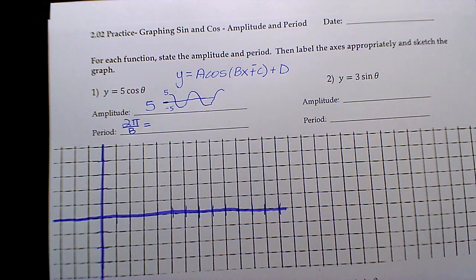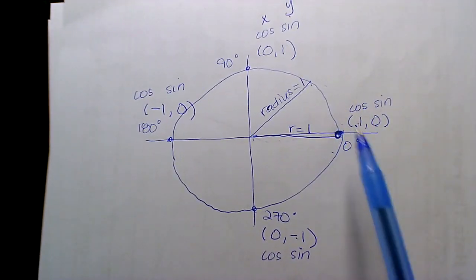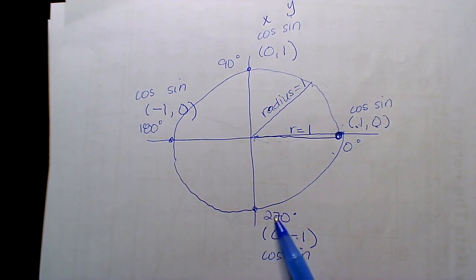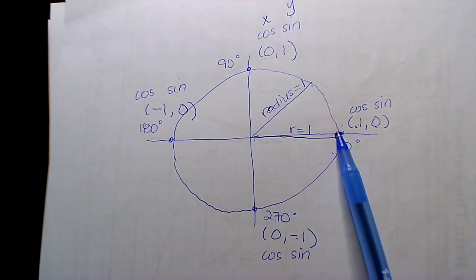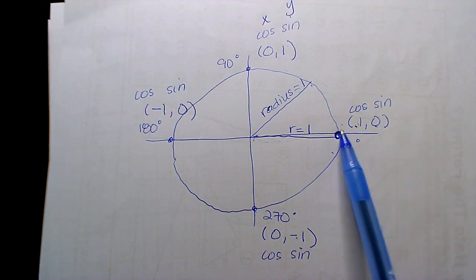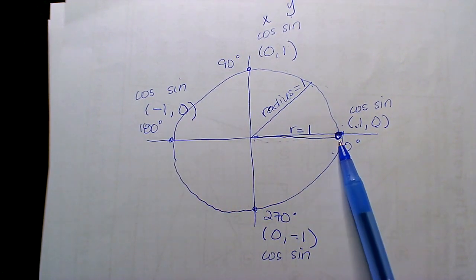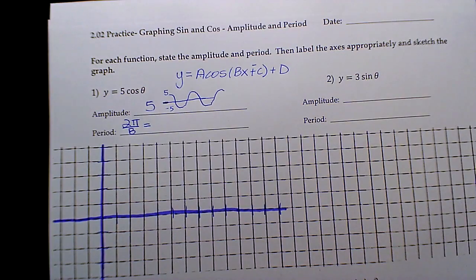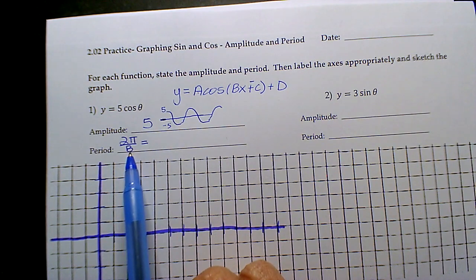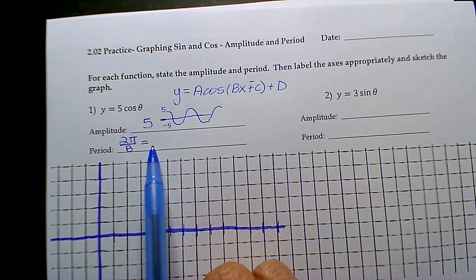The reason is that when you start at 0 and spin around all 4 quadrants, it's 360 degrees, which is 2 pi. So 1 period is 1 spin. If you ever want to change the period, find the b value and divide it into 2 pi. What you get is your period.